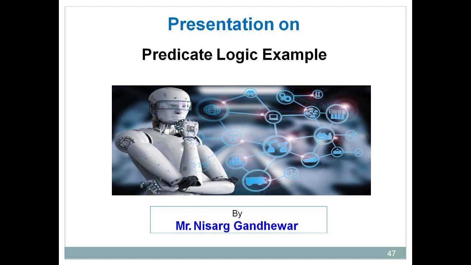So for that purpose we have seen the concept of predicate logic, because predicate logic has more power. It is an extended version of propositional logic, which is able to represent knowledge that is not only true or false, but both also.